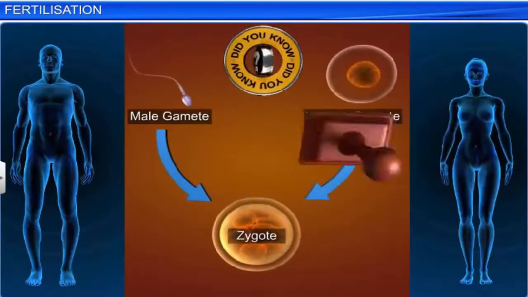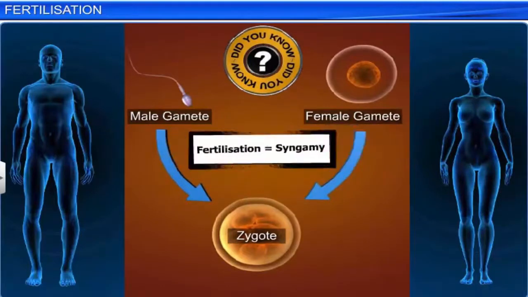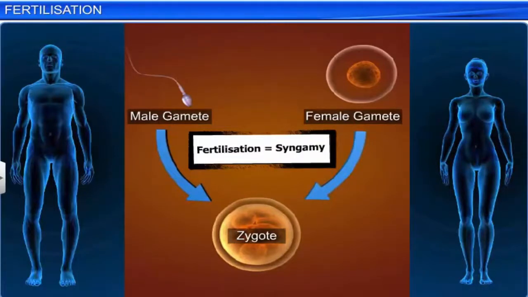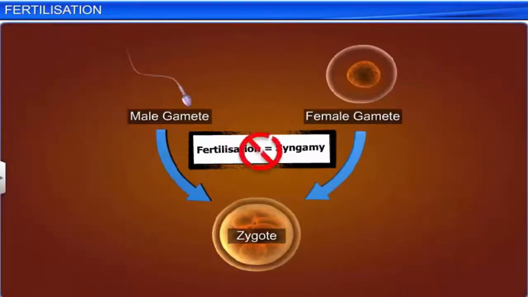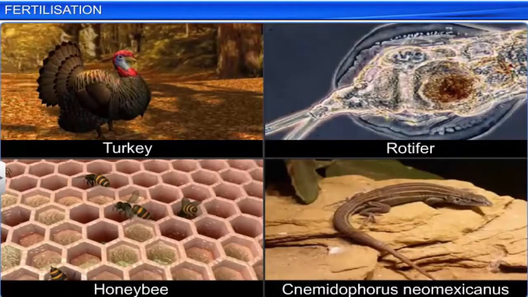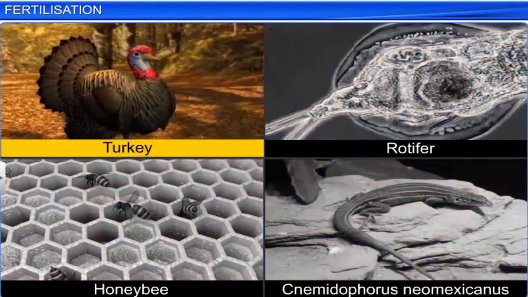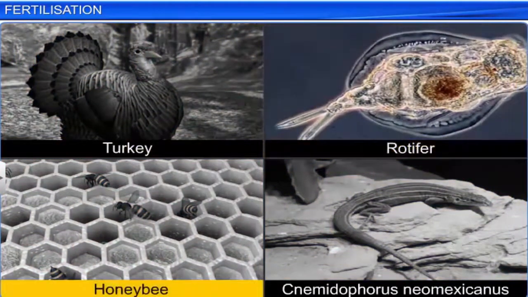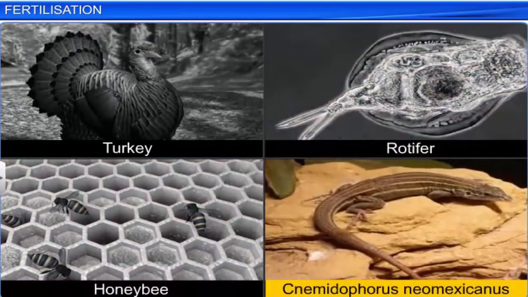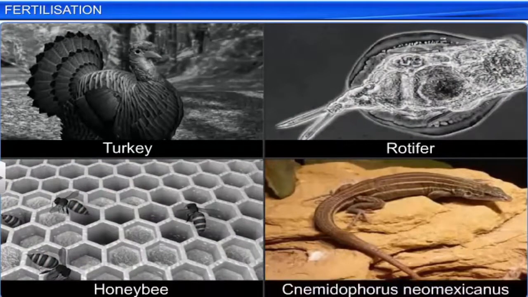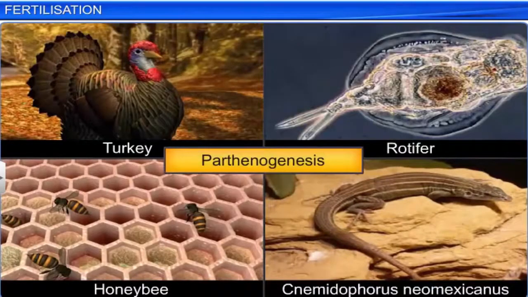Did you know that syngamy is the other word used to describe the process of fusion of gametes, or fertilization? Interestingly, fertilization does not occur in every sexually reproducing organism. In certain organisms, such as turkey, rotifers, honeybees, and even some lizards such as Cnemidophorus neomexicanus, a process called parthenogenesis takes place.